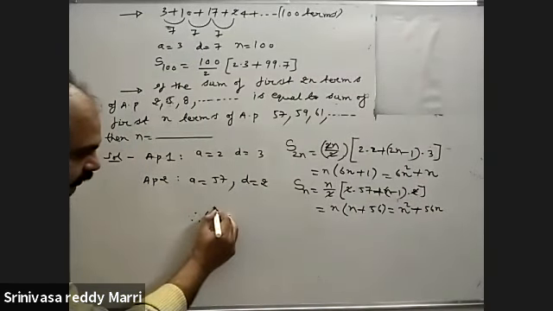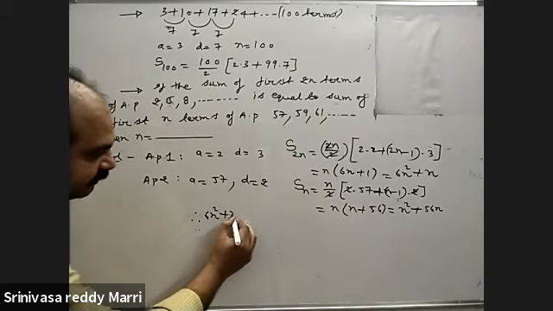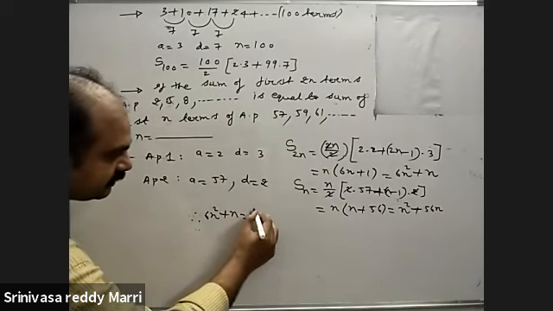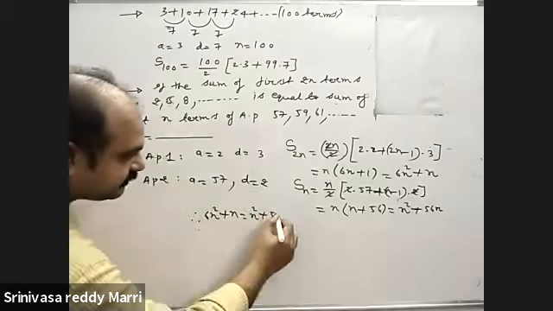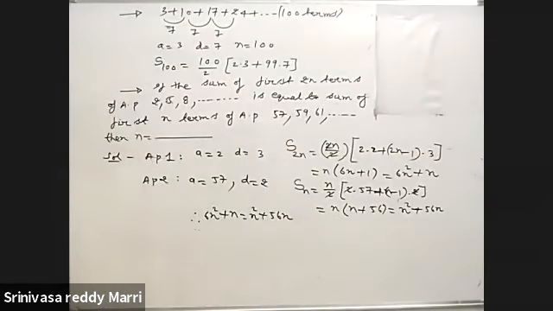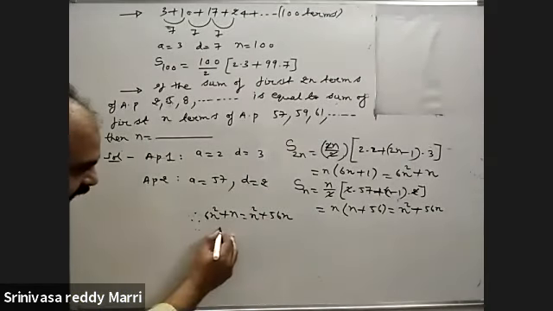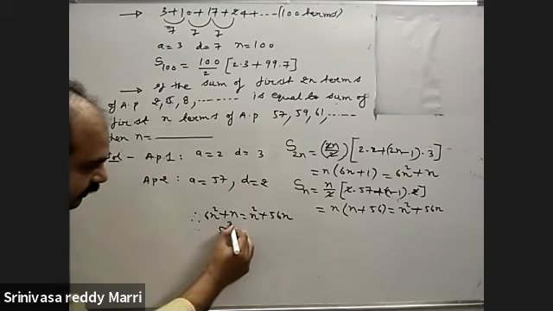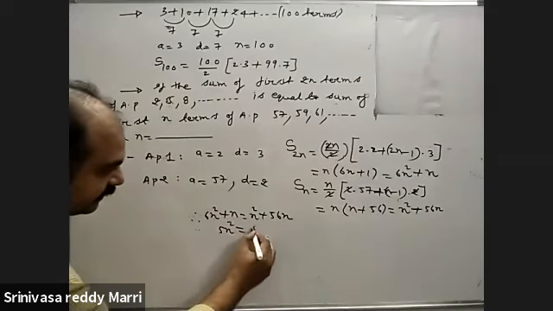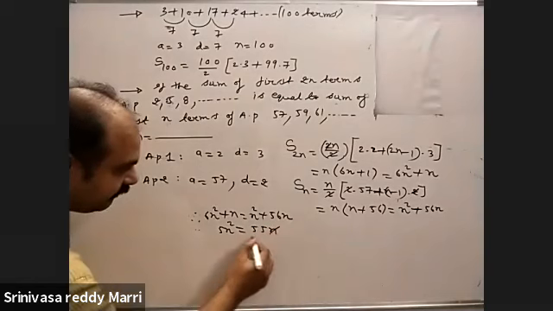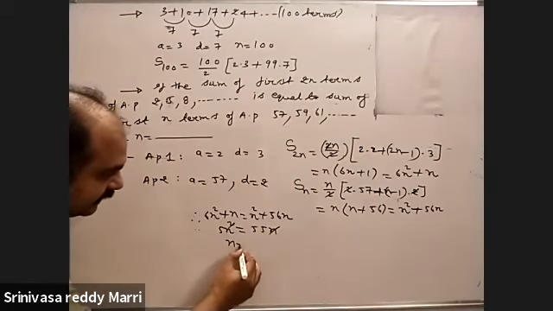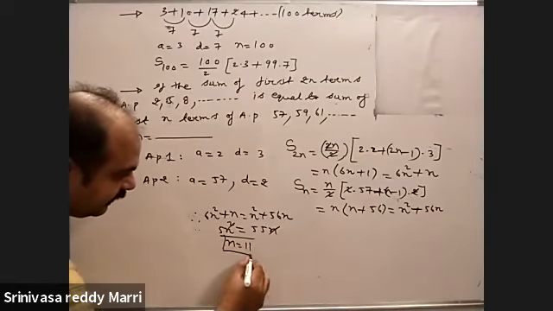What he is telling is that this sum and this sum are equal. So therefore, 6n square plus n equals n square plus 56n. So 5n square equals 55n, bring that side, and n will get cancelled. N is nothing but 11.